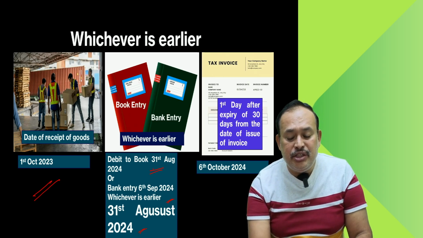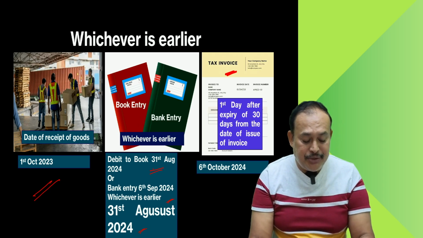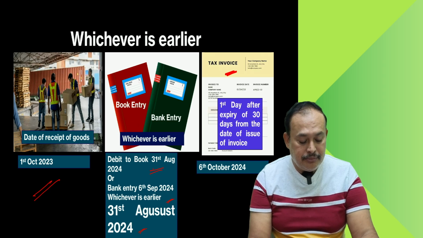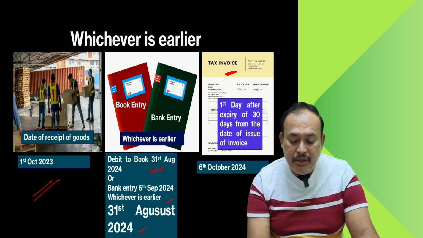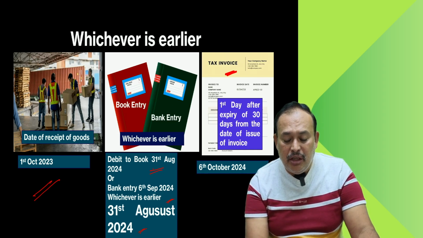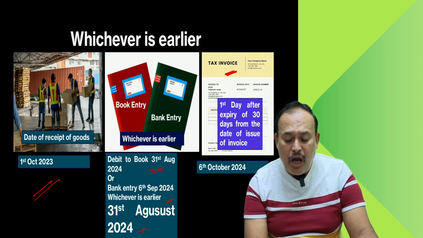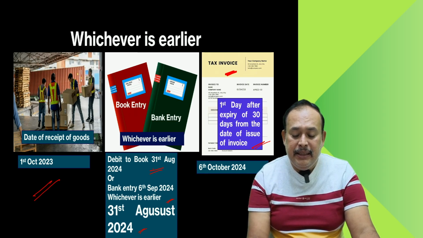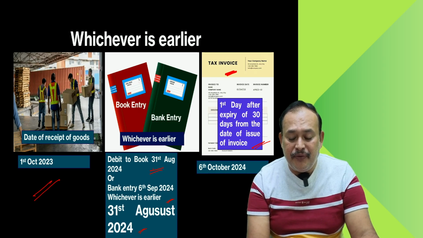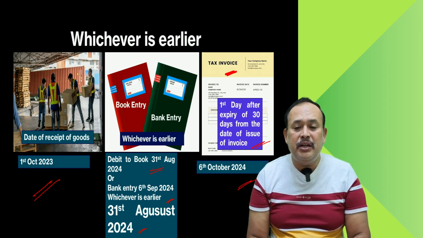When the invoice is issued by the supplier, where the recipient is going to pay the tax, in the given case, the first day after expiry of 30 days from the date of issue of invoice. Assume here the 6th October is the first day after expiry of 30 days from the date of issue of invoice.